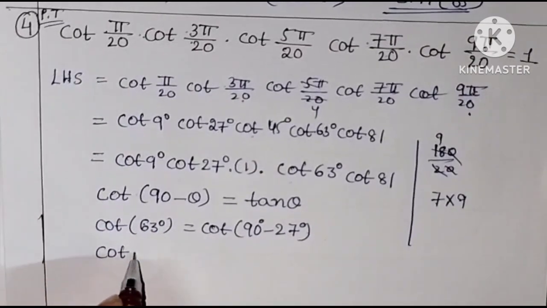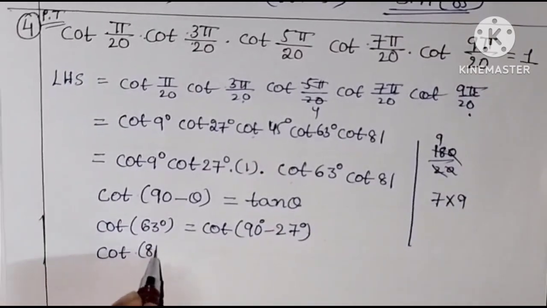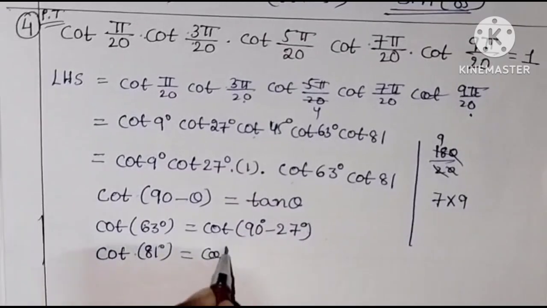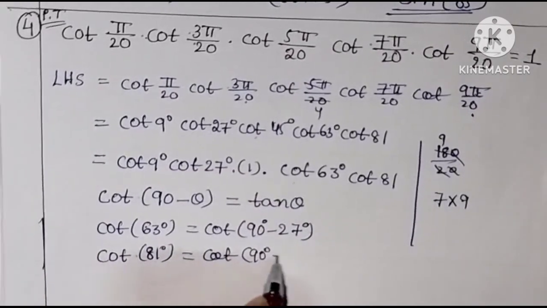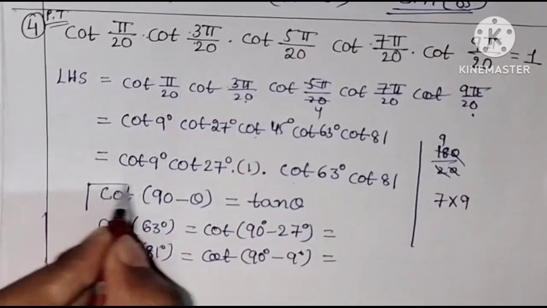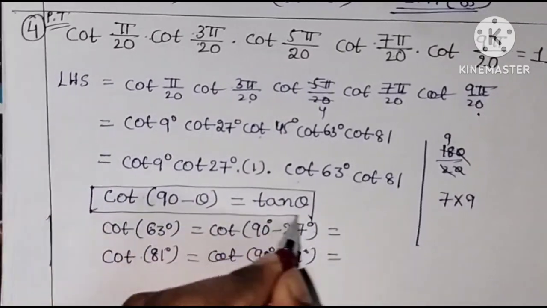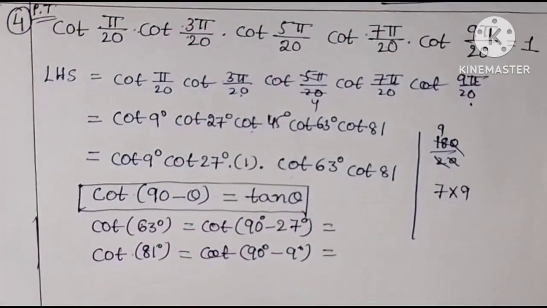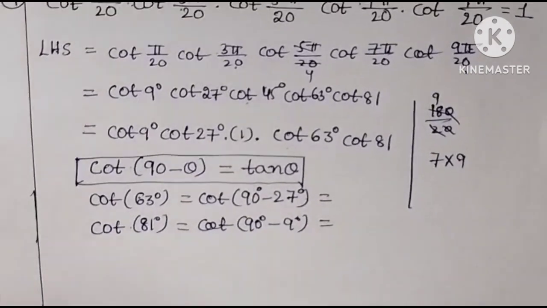Similarly, cot 81 degrees can be written as cot 90 degrees minus 9 degrees. So just as we discussed, cot 90 minus theta is tan theta. Let us apply the same concept here.